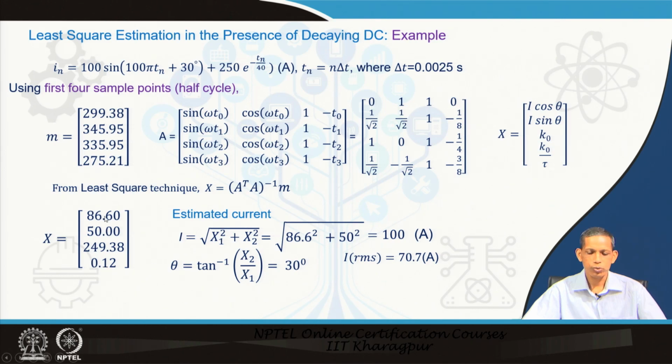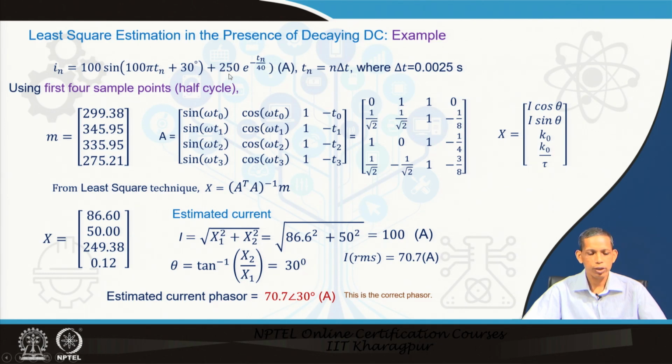So, this corresponds to I cos theta, I sin theta, k naught and k naught by tau, and from the first two we get the corresponding estimated value, the square root of x1 square plus x2 square, and finally the RMS value to be 70.7. The estimated current phasor, 70.7 at 30 degrees, is the correct phasor, because the current signal which we have considered is 100 sin this. This is the fundamental part, and this is the decaying DC part.